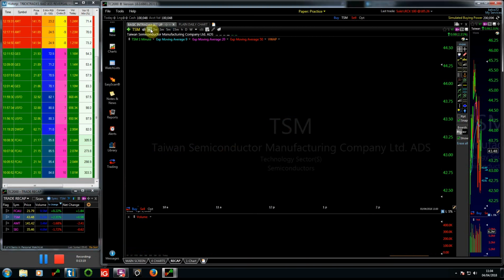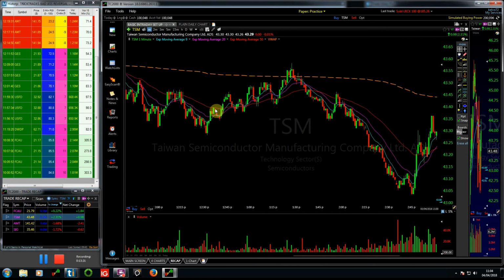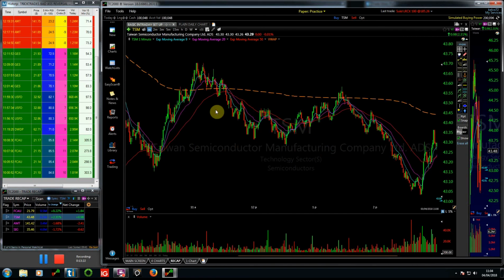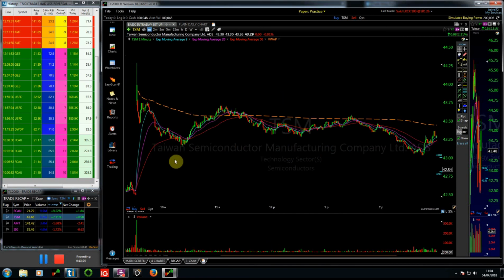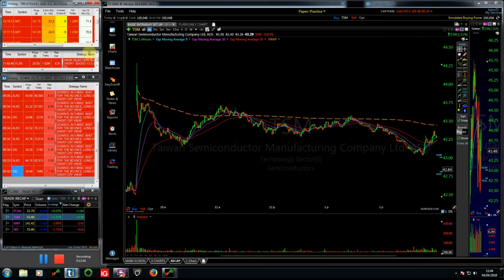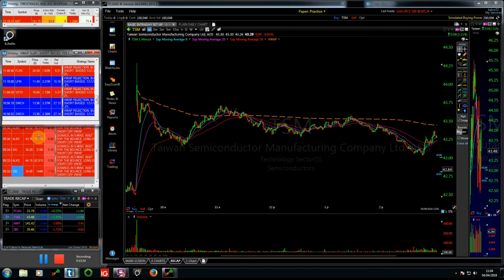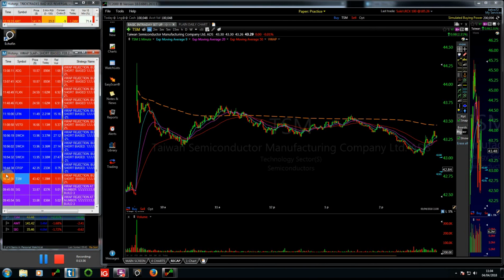So if we go over to the 1 minute chart for this, and zoom, you can see I took TSM from the VWAP slab there. So I took it here. It came into the VWAP there, and it started to reject.